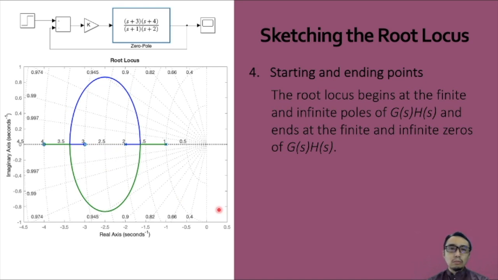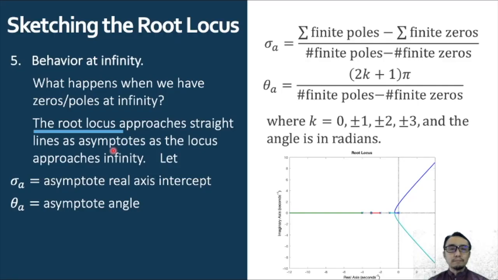So it will always move from a pole to a zero, where the real zero here, in this case, when k is big, it will end at that particular zero. But in some cases the zero will be at infinity. Then we have to identify the asymptote.